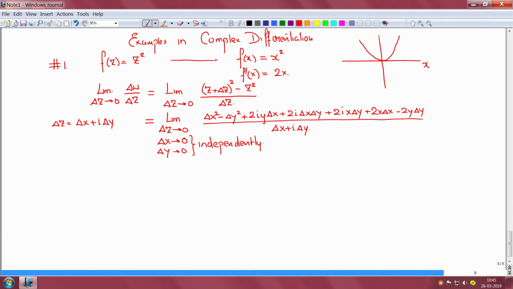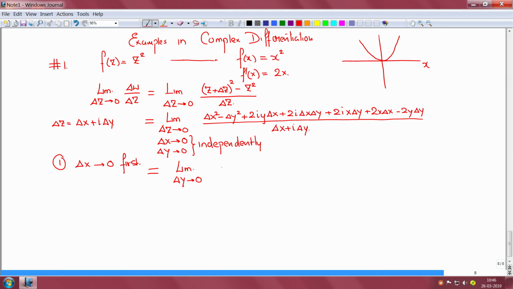So, we will do what we have done before. We will take case 1 where delta x is sent to 0 first. If delta x is sent to 0 first, we get limit delta y tending to 0. So, delta x is gone.